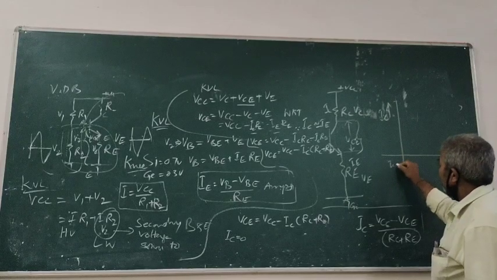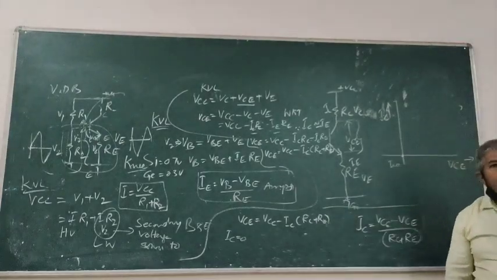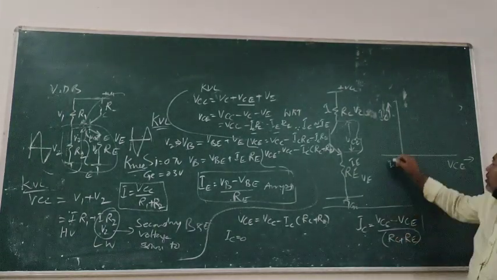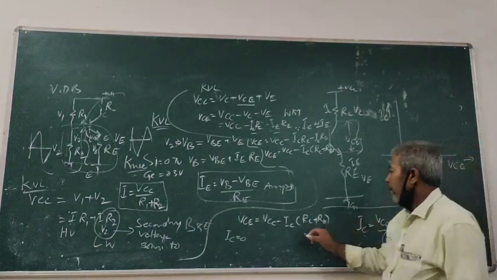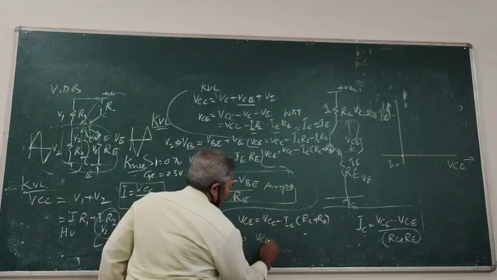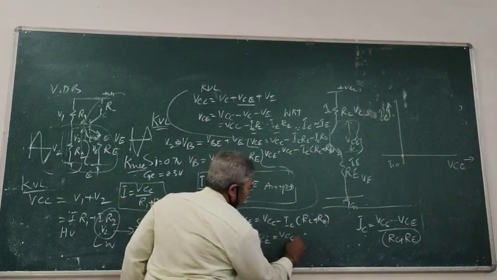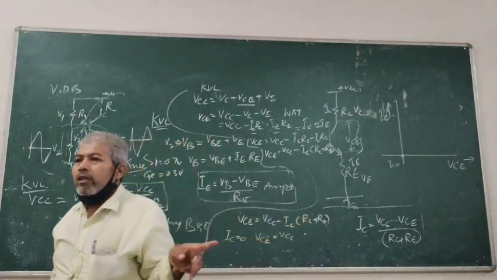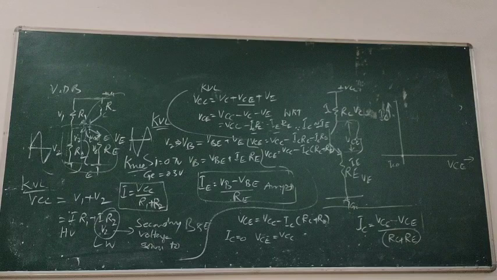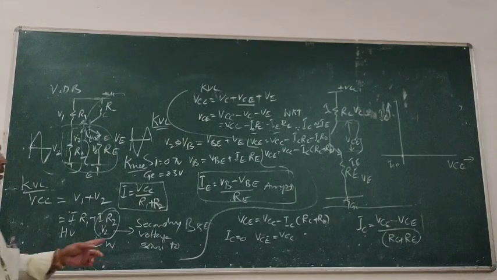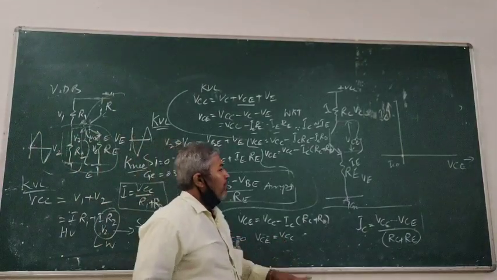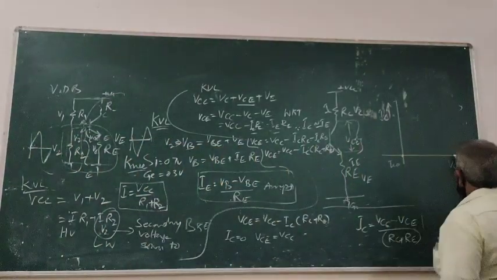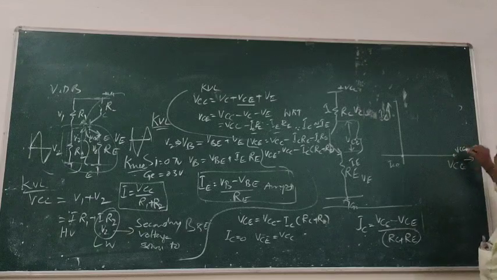So VCE is equal to VCC, because 0 into something is 0. What is the remaining thing? VCE is equal to VCC. So the voltage present across VCE is VCC itself. So this is cutoff.